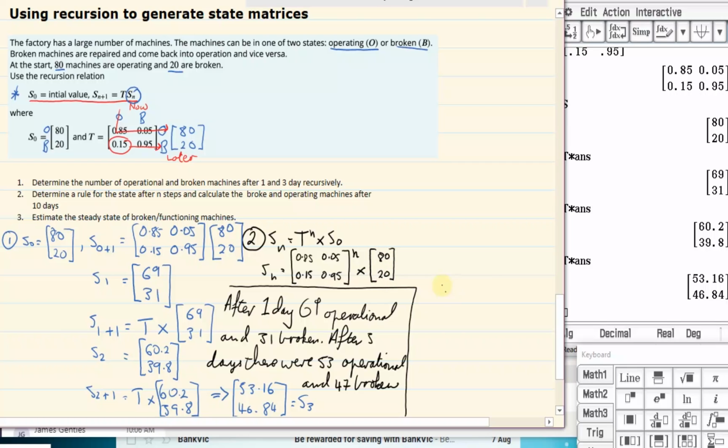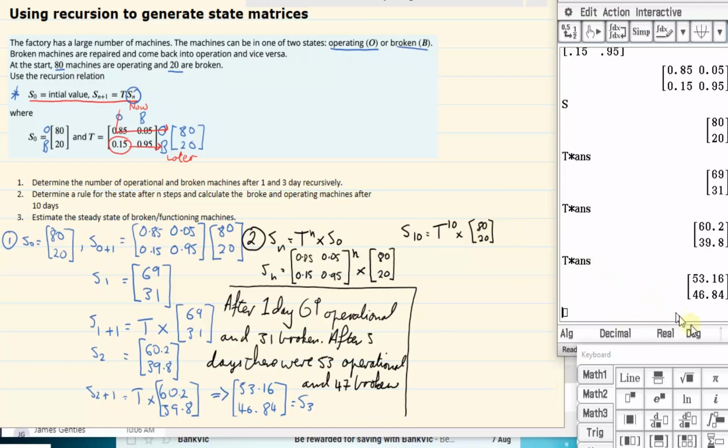Now we want to find out S10, 10 days. So S10 is equal to T to the power of 10 times 80 and 20.